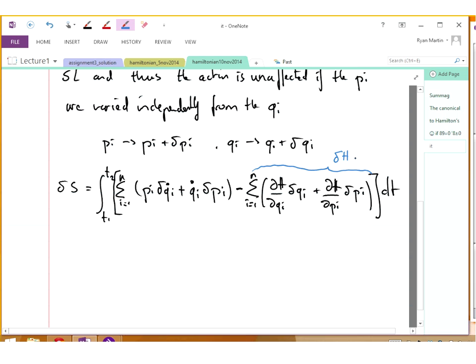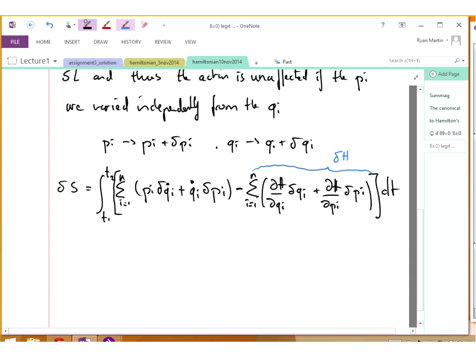So here the variation of H, delta H, is the variation of H with respect to the Qi and the Pi. And remember, you don't take the variation with respect to the independent variable t. So there's no ∂H/∂t term here. Okay, so you have to go back and look at the variational calculus section if any of these things confuse you as to what variables you vary and which ones you don't.